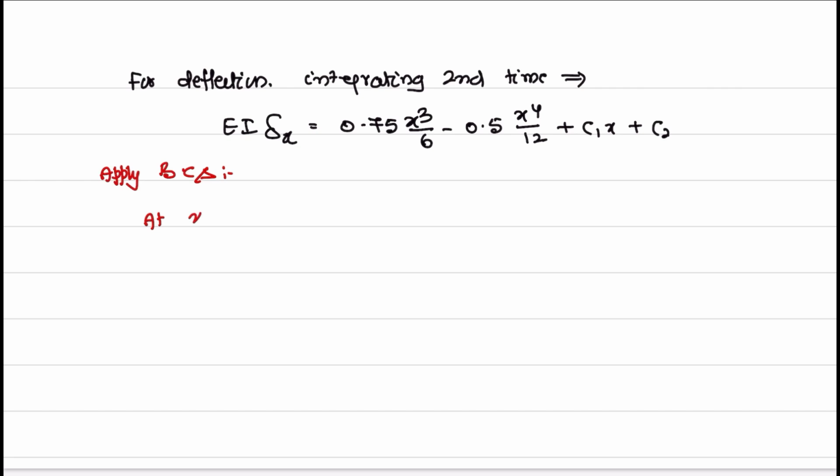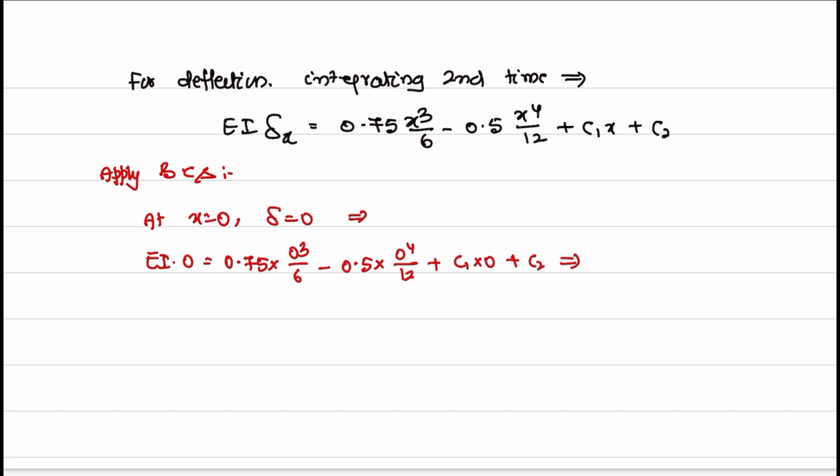At x is equal to 0, delta is equal to 0. That implies EI into 0 is equal to 0.75 into 0 cube by 6 minus 0.5 into 0 to the power of 4 by 12 plus C1 into 0 plus C2. That implies 0 is equal to C2, so C2 is equal to 0.